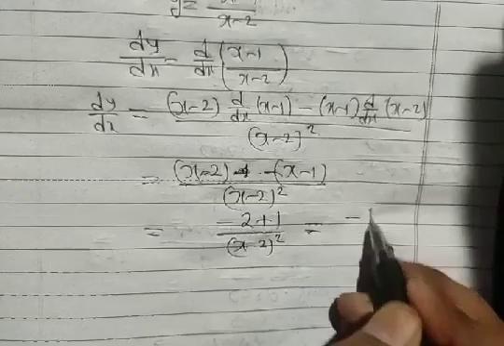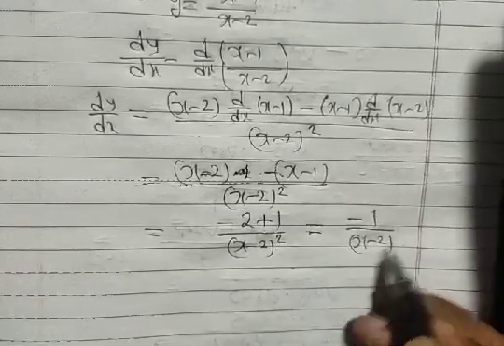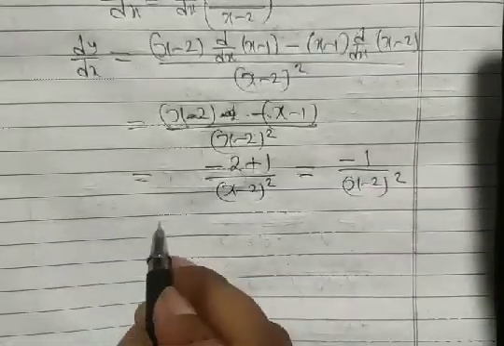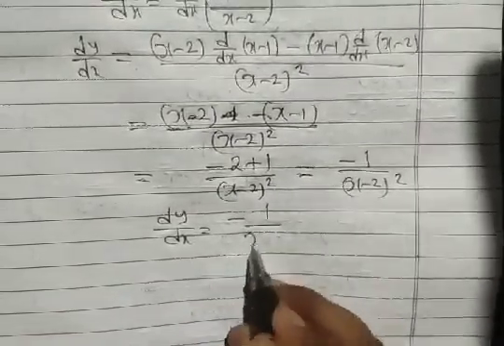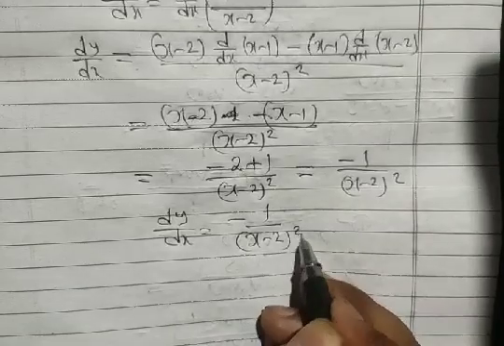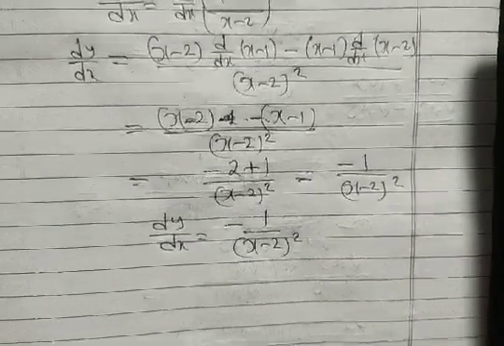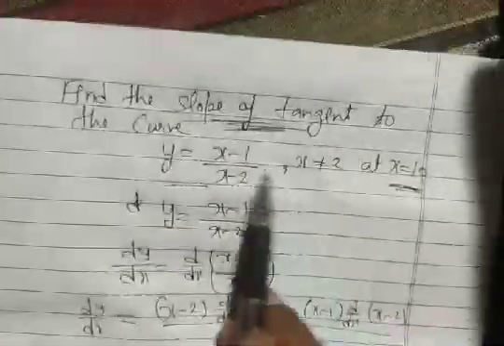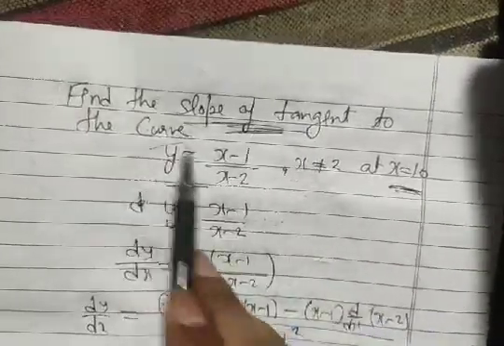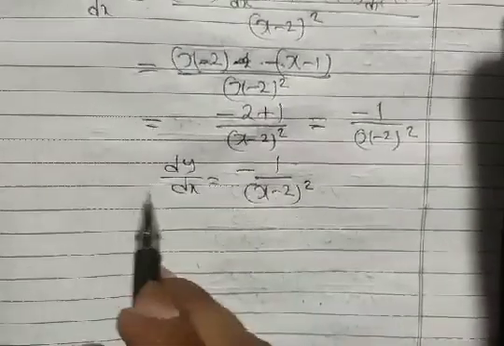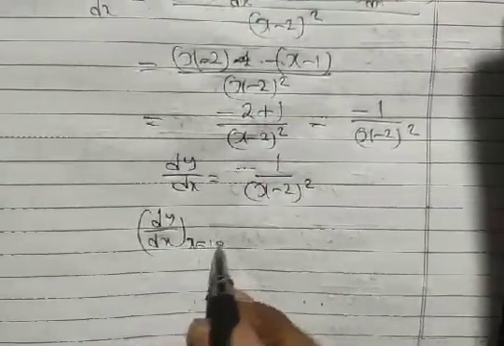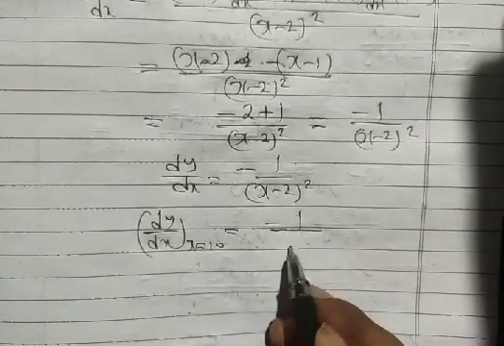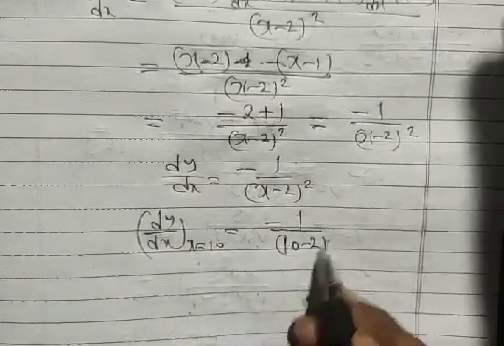Here we get minus 1 upon (x minus 2) whole square. Now we have our dy/dx as minus 1 upon (x minus 2) whole square. But we have to find the slope of the tangent to the curve when x equals 10. Now dy/dx at x equal to 10 is minus 1 upon (10 minus 2) whole square.